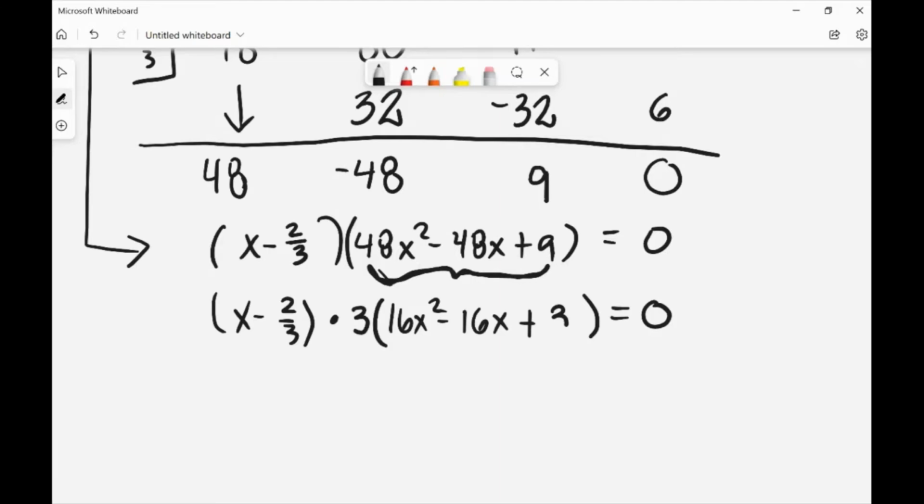Very nice. All right, it looks a little bit more manageable. Is it factorable? I don't know. Okay, cool. I want you to do the AC method on this, 16x squared minus 16x plus 3. See if it's factorable.